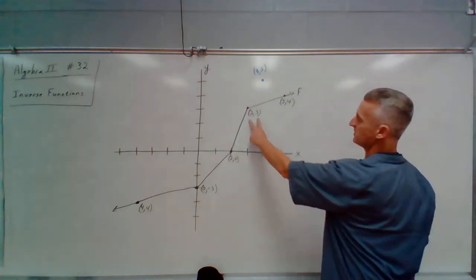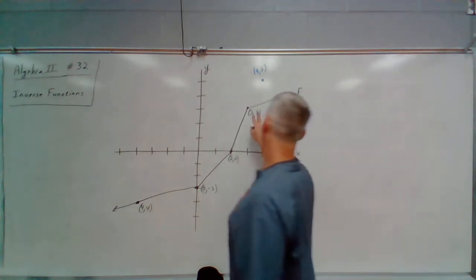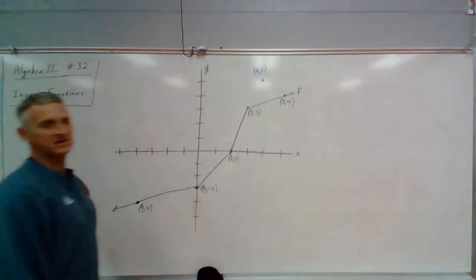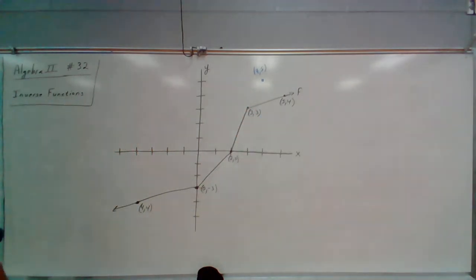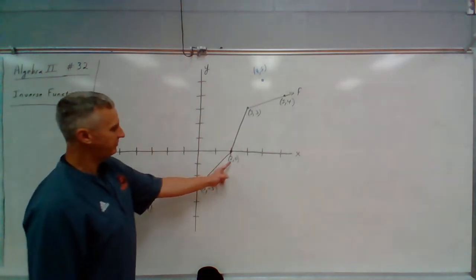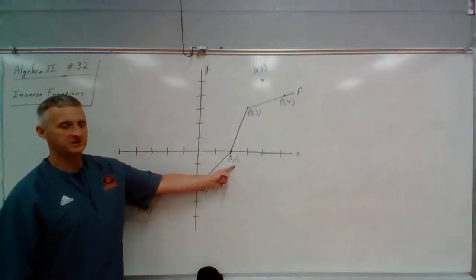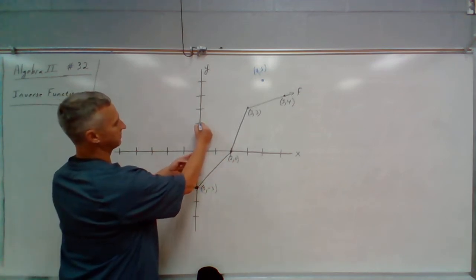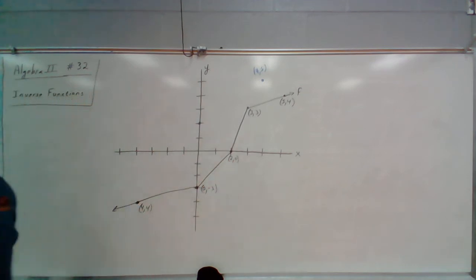Now here's the point 3, 3. If you switch the x and y, you stay with 3, 3, and that point is on the inverse function. You have the point 2, 0 on f, so on f inverse you would have the point 0, 2. It's here.